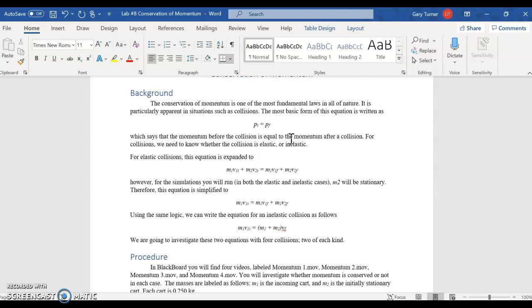In this case the carts are colliding and putting forces on each other. So as long as we consider both carts part of the system, those forces are internal forces. There's not something external, like a third force, pushing on both carts as they push on each other.